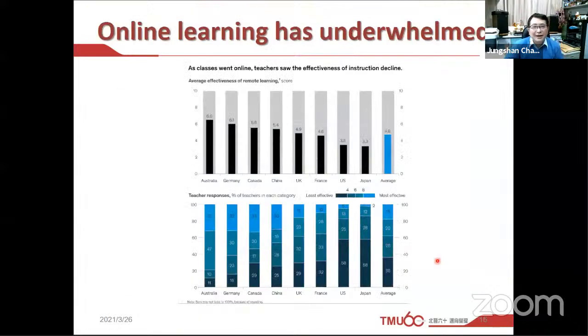However, most teachers are not satisfied with the way they deliver the teaching because they feel it is less effective. But the way is changing now. That's the reason why I'm sitting here to give a lecture, and you guys use Zoom. This is a trend that is going to change the way of teaching in the world.